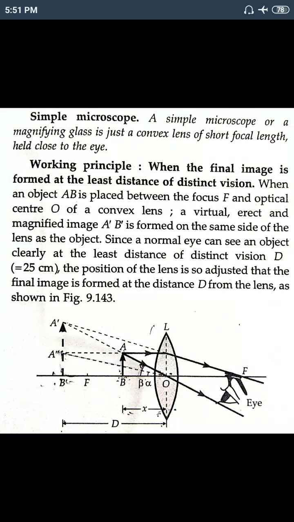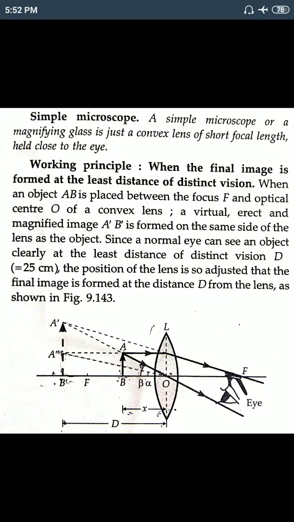So we discuss the working principle and its magnifying power at the least distance of distinct vision and at infinity. This is the ray diagram for the simple microscope. Here AB is an object placed between the focus and the optical center of a convex lens.